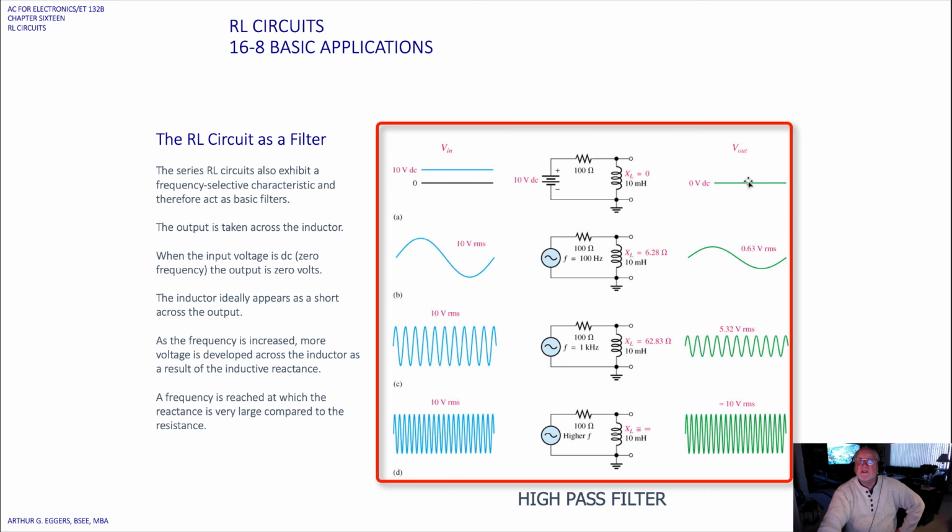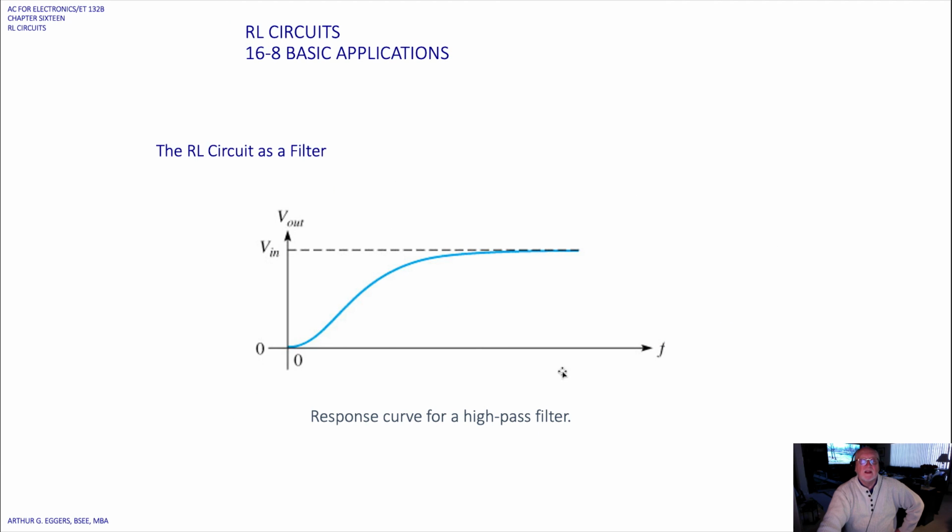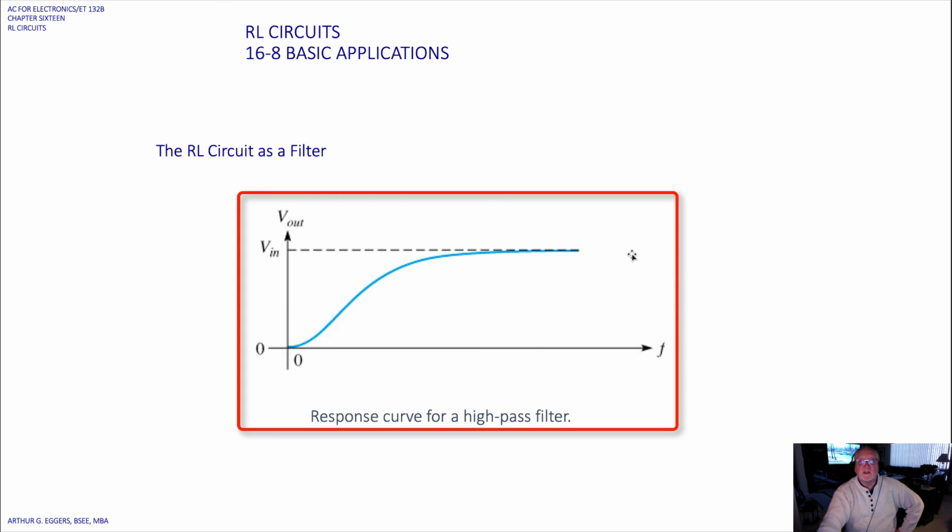We go from DC 0 to 0.63, 5.32, up to and at 10 volts RMS. And again, we can see the frequency response curve. As the frequency increases, the voltage response changes with respect to the frequency. Okay, so we have our relationship of V in to V out, where we have a maximum.